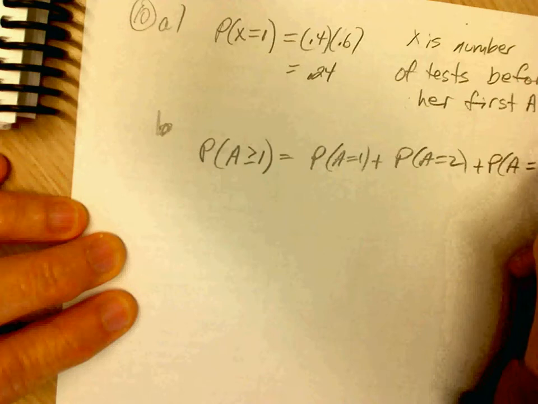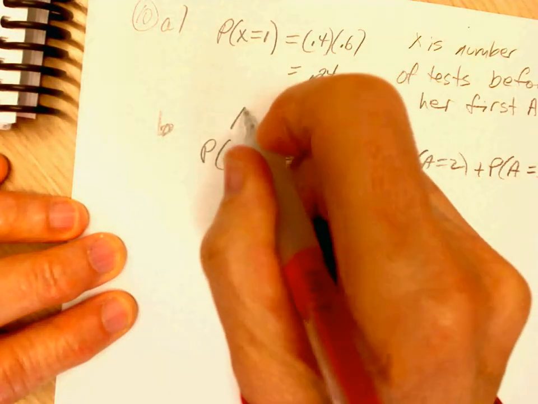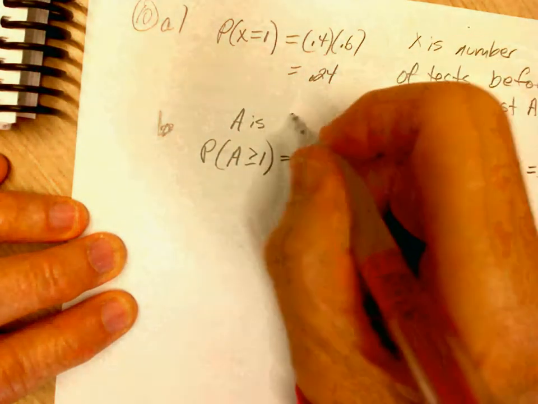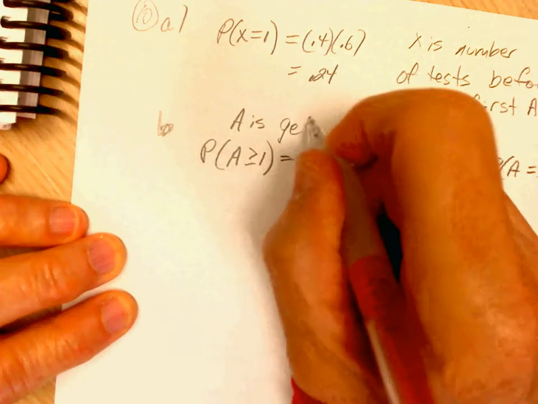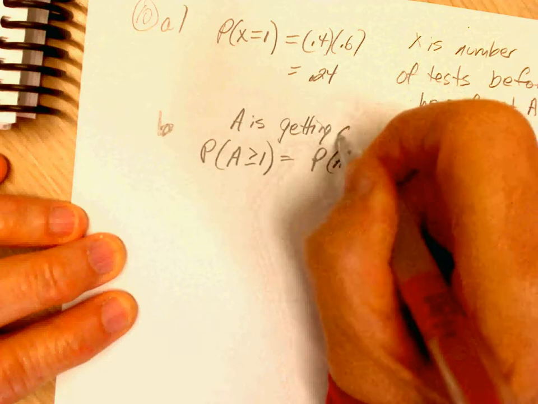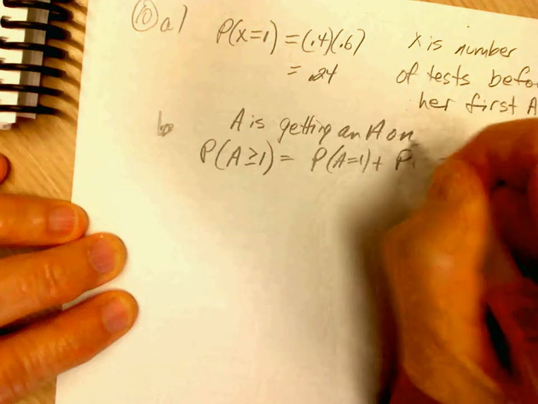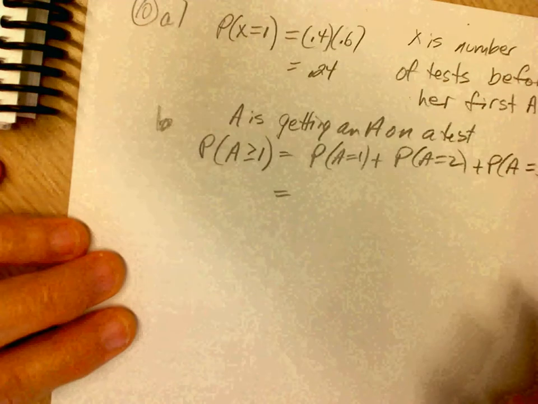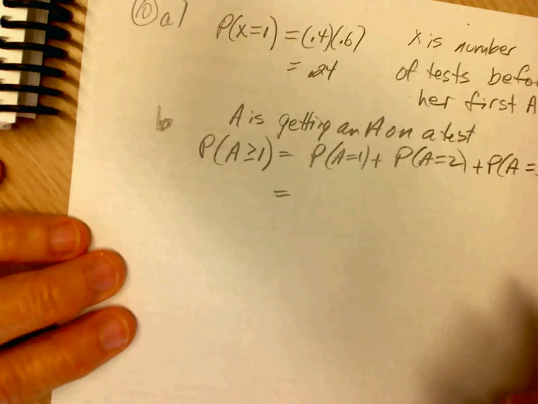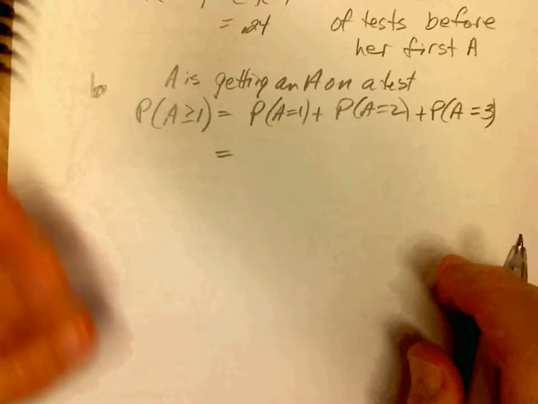So here A is getting an A on a test. Okay. Let's do both and just compare because that's kind of an interesting point. I'm going to do yours next, okay?